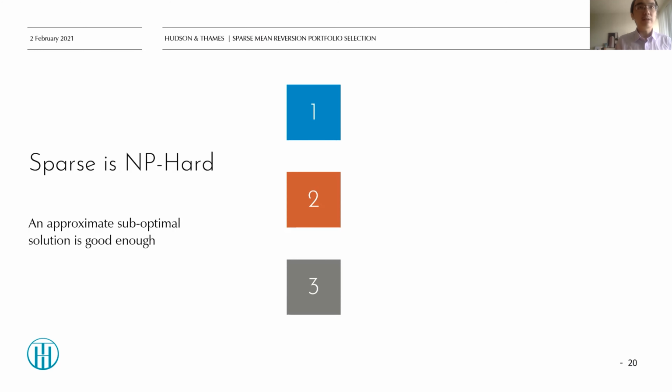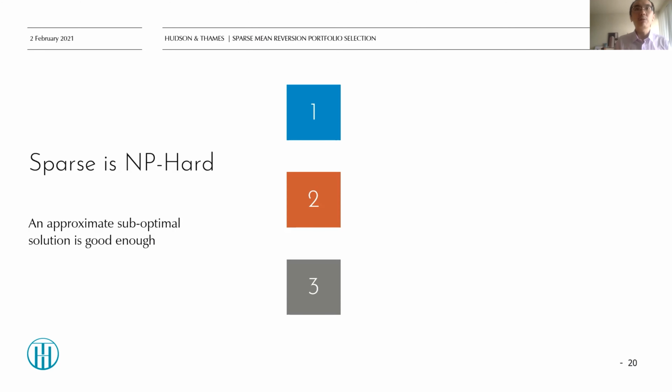Instead of getting the global optimal solution, we want an approximate suboptimal solution, because you don't really need the strongest mean reversion portfolio. As you can already see, the strongest mean reversion portfolio actually looks like noise. You want something that is moderately or properly mean reverting, but not taking too long to mean revert.